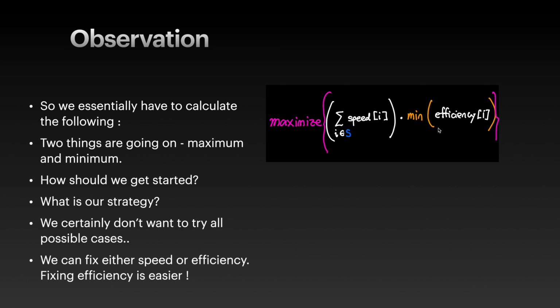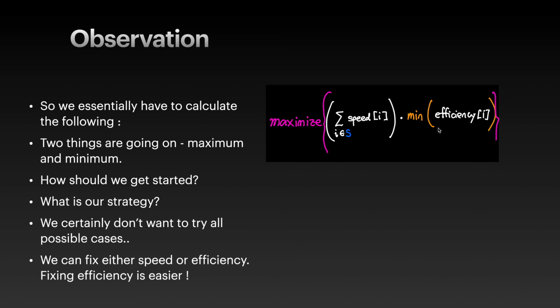This problem is a little bit difficult. How should we do this problem? Do we have to enumerate all the possible cases? Well, in that case, the time complexity will be enormous, so we definitely do not want that. So how should we do this? When we have to consider two variables, where we have to maximize and then minimize, I would say the first thing is maybe we can fix one quantity.